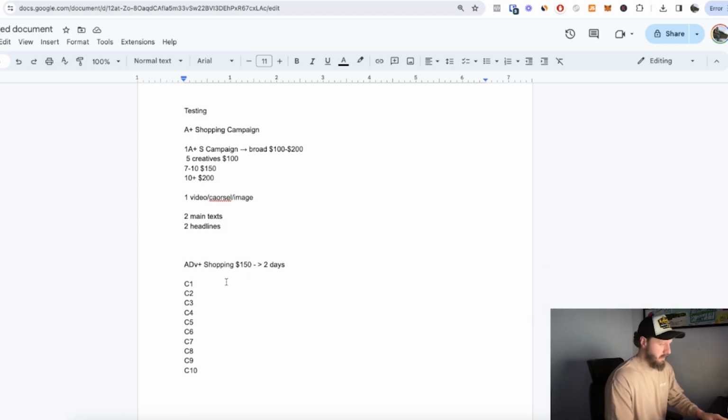So let's say Creative 1 is getting the most spend and a ROAS of 1.6.